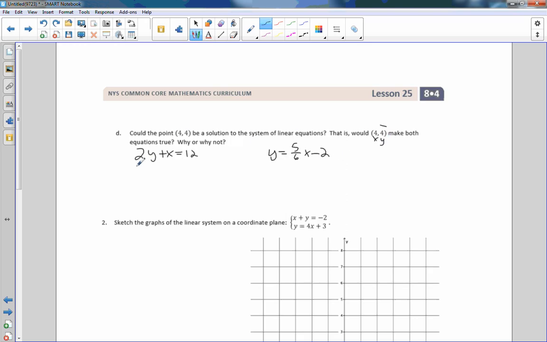So if I plug in x is 4 and y is 4, in other words, 2 times 4 plus 4 equals 12. 2 times 4 is 8, plus 4 equals 12. 12 equals 12. That's true.